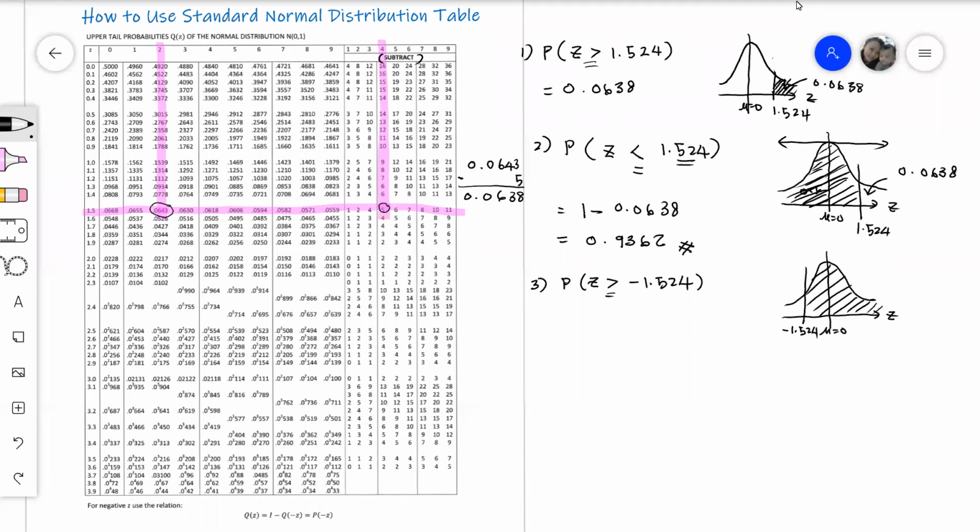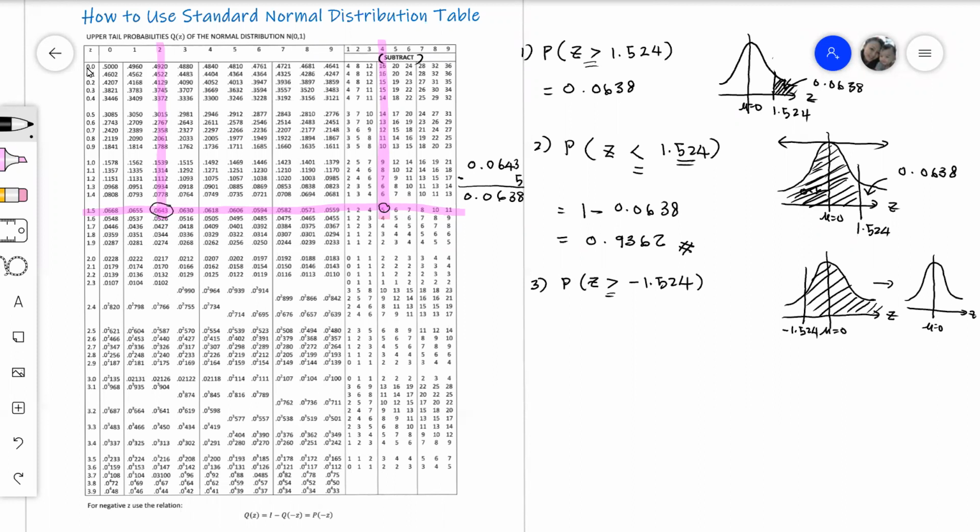Now, when we have a negative value, we have to do some extra steps. We have to flip it, because the curve is symmetrical. Why do we need to flip it? We look at our standard normal distribution table.